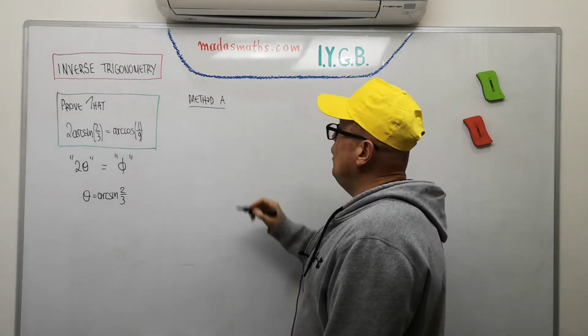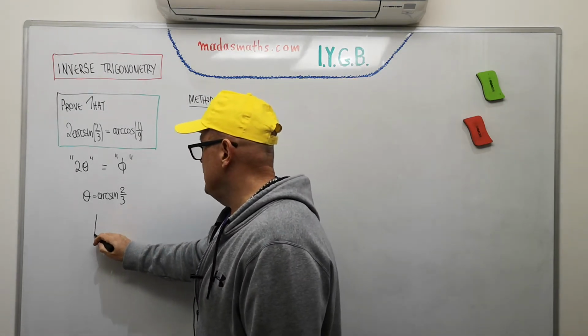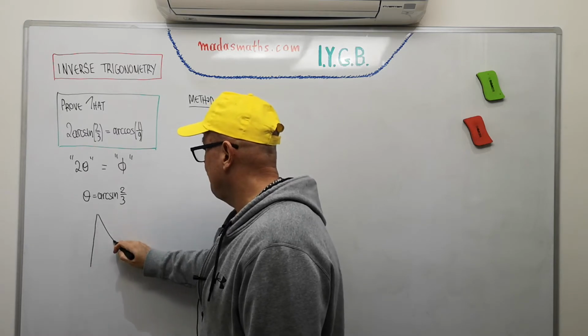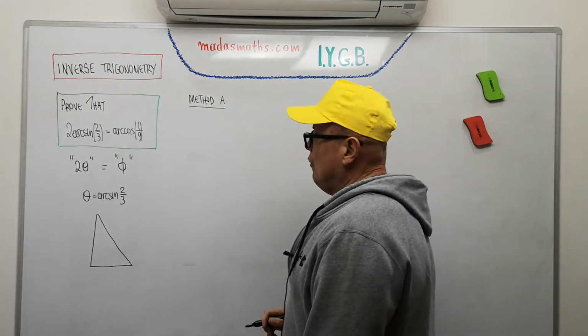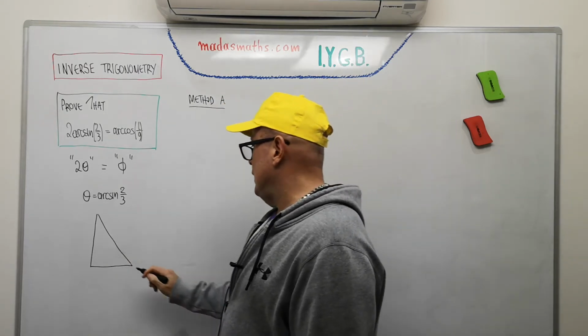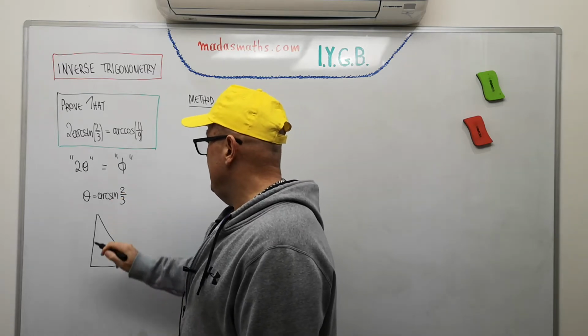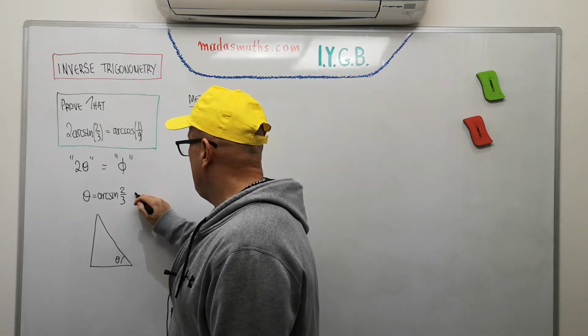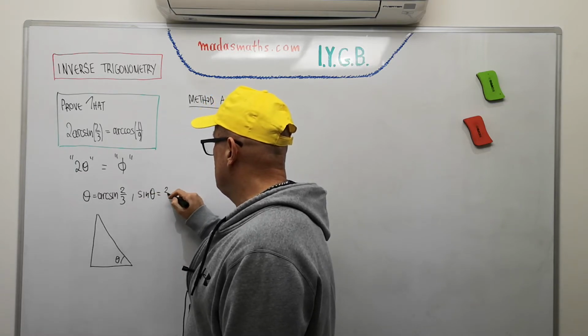I use the word angle, and therefore using this fact now, I can put it into a right angle triangle. If the arcsine is 2/3, this is my angle theta, that means the sine of theta is equal to 2/3.